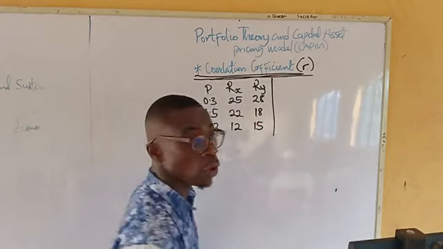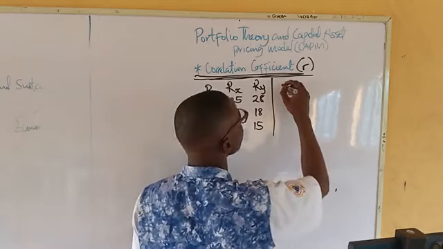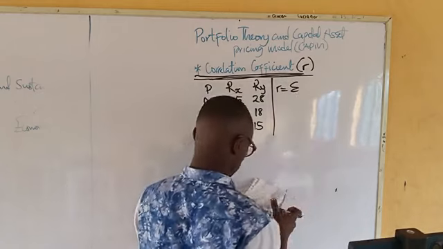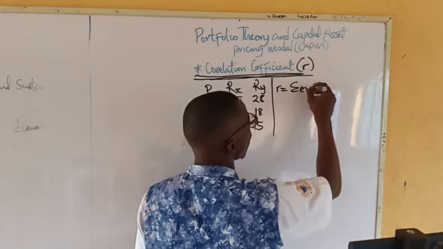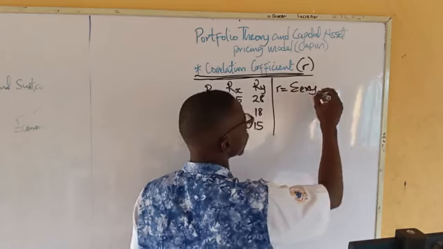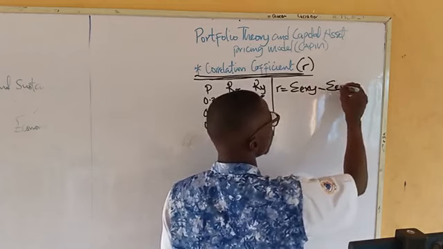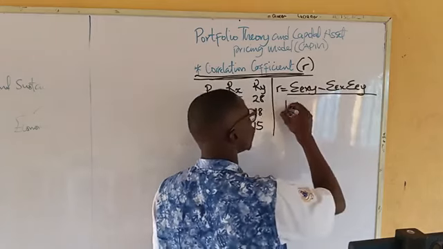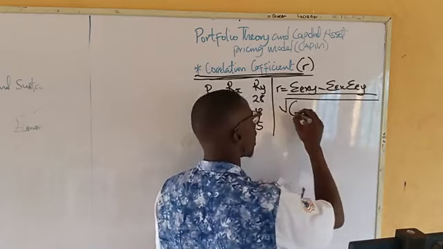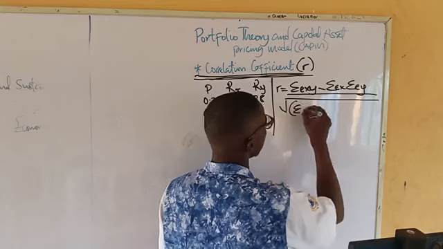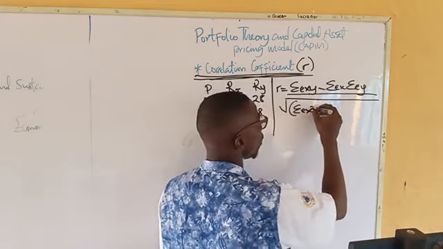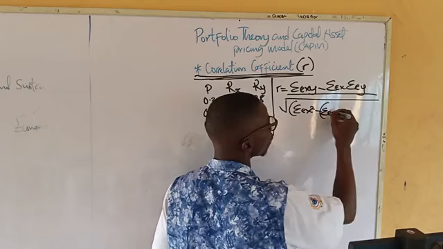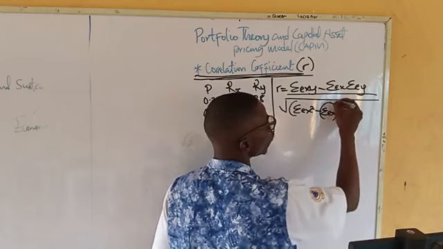It should be that covariance is summation E of xy minus summation E y times summation E x, all over square root of open bracket summation E x raised to power 1 minus open bracket summation E x close bracket raised to power 2 open bracket.